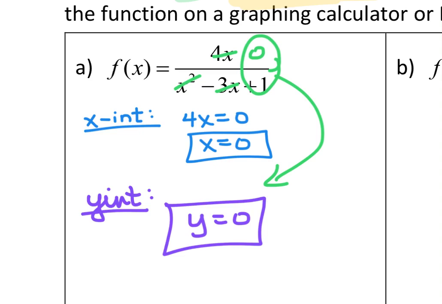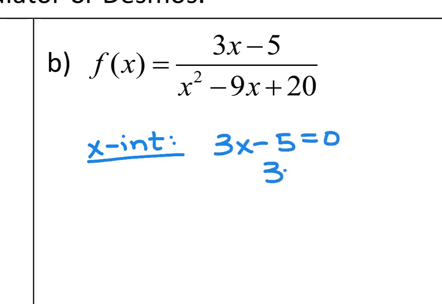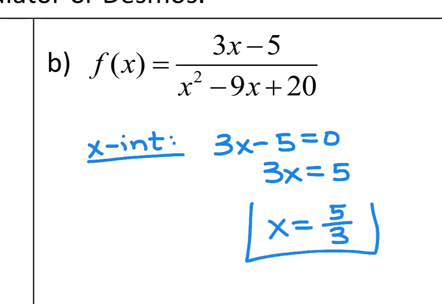In letter B, again, to find the x-intercept, you want to set the numerator equal to 0. So 3x minus 5 equals 0. 3x equals 5. So x equals 5 over 3.